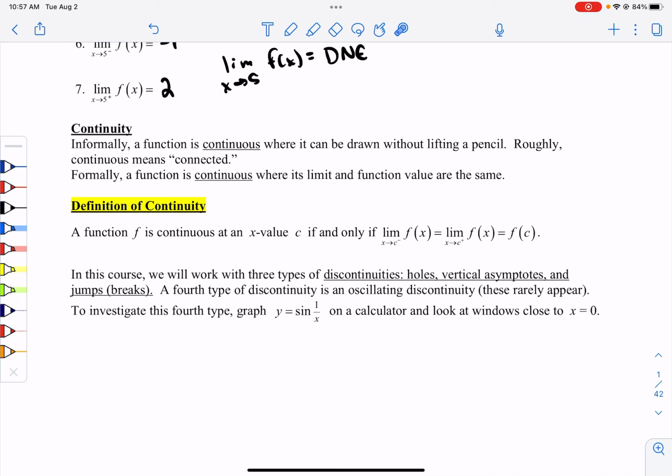So for something to be continuous, I have to look at the limit from the left and the limit from the right and see if they're the same. And I also have to see if that function actually reaches that value.